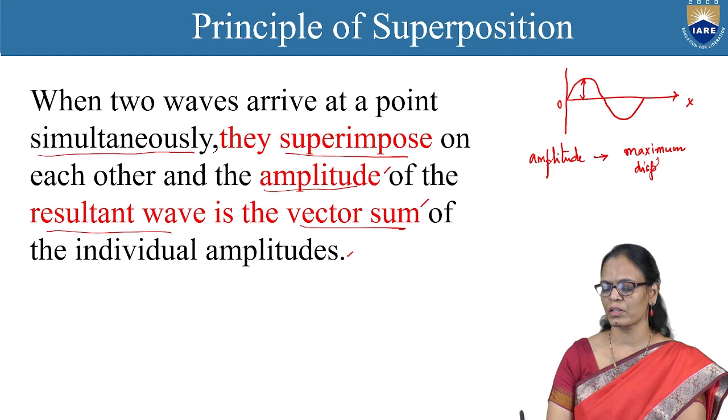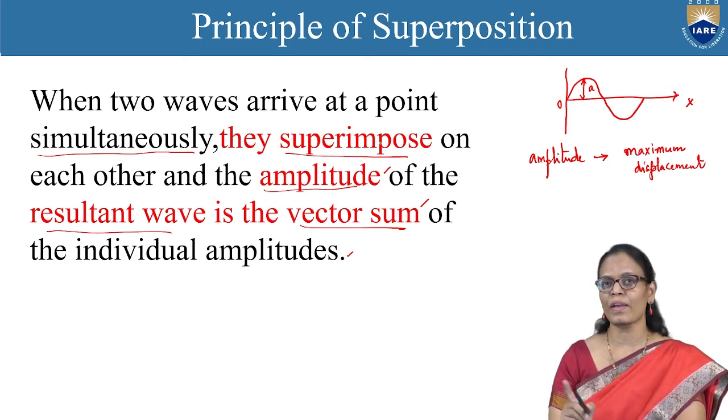So, here amplitude is shown by A. So, when there are two waves arriving at a point simultaneously, the amplitude of the resultant wave is the vector sum of the two individual amplitudes.